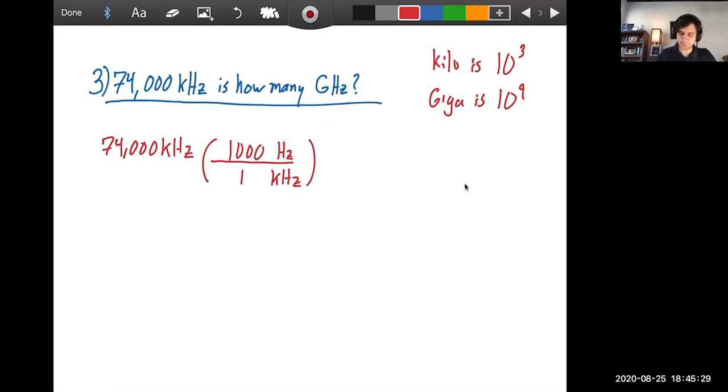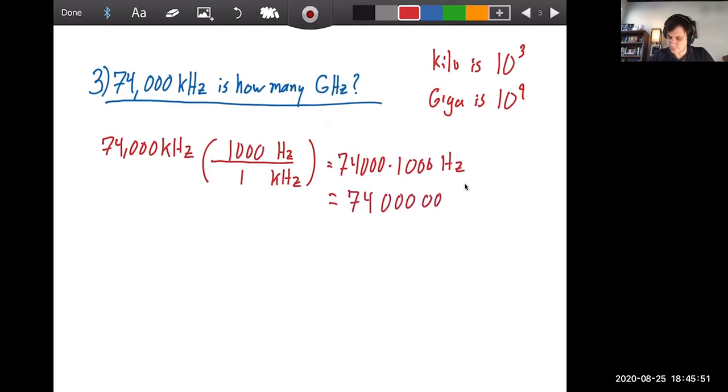So I have 74,000 times 1,000 hertz. You can crunch that out to be 74,000 and then 3 more zeros, which equals 7.4 times 10 to the 7th.